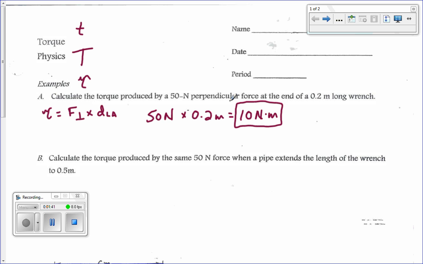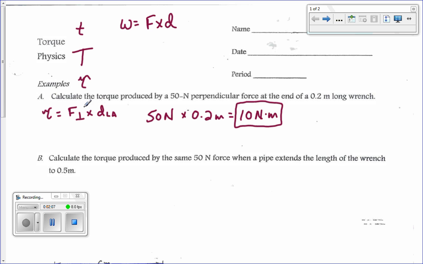Okay, so just for review, what is the formula for work? Work equals what? This was on your test Friday. Work is force times distance. Okay, good. Torque is also force times distance.